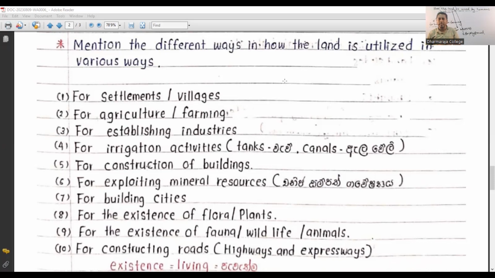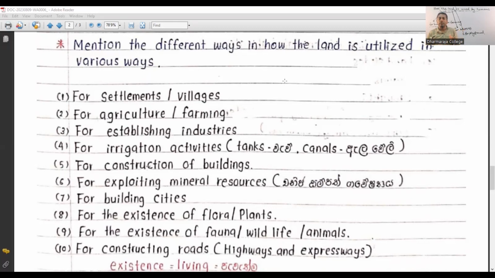For irrigational purposes. Then for construction of buildings, temples and other religious places, schools, government offices, and companies. For exploiting mineral resources, that means the excavation of gems, sand, and other types of mineral resources, maybe petrol, diesel, those fossil fuels and mineral oils.